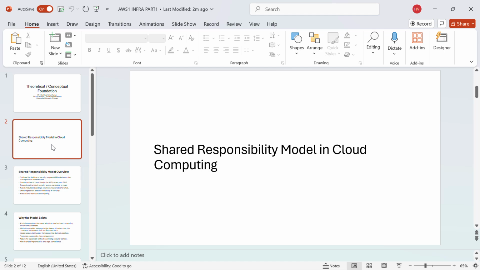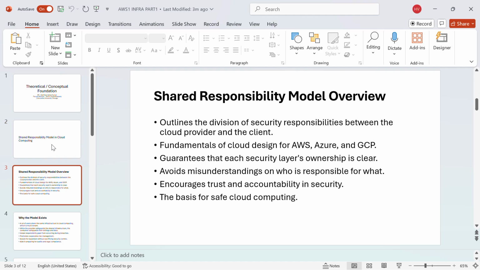Shared responsibility model in cloud computing. In this shared responsibility model overview, we can see that it outlines the division of security responsibilities between the cloud provider and the client.